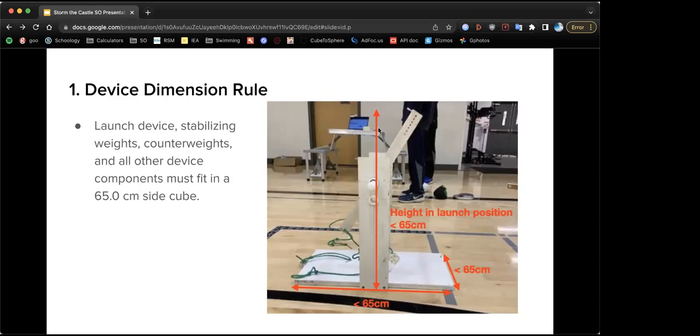The launch device, including the stabilizing weights, which is anything you add on to your device, and all other device components, including these strings and that stuff, must fit into a 65 centimeter cube. So 65 centimeters wide, 65 centimeters long, and 65 centimeters tall. As long as it fits in there, you won't be disqualified.